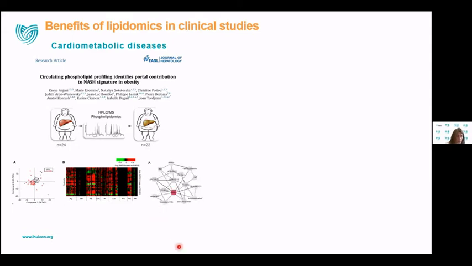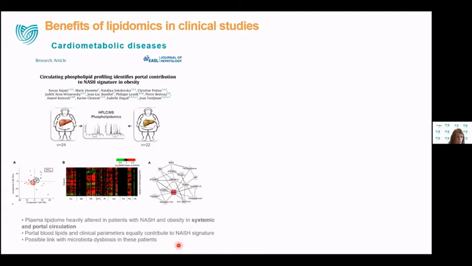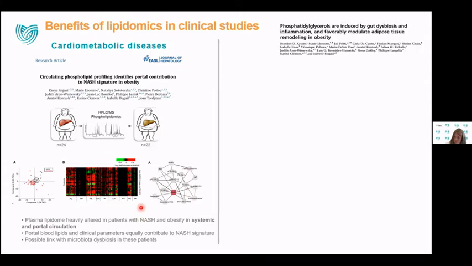And what we've shown as well is that when combined with the clinical parameters, lipids equally contributed to the NASH signature. So the hypothesis out of that study was that because these NASH patients also presented a gut microbiota dysbiosis, the systemic signature that we also observed in portal blood originated from the gut dysbiosis.